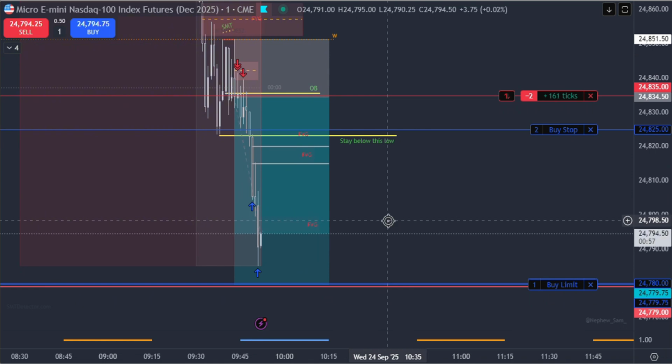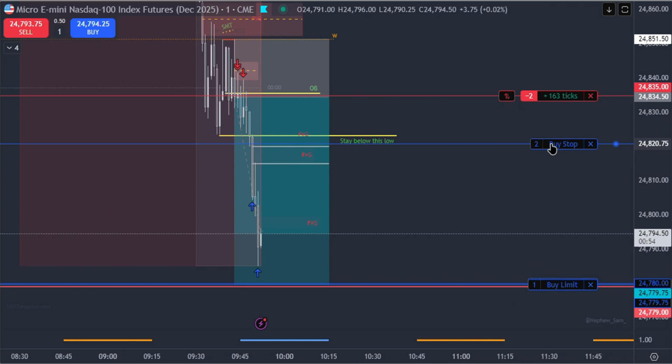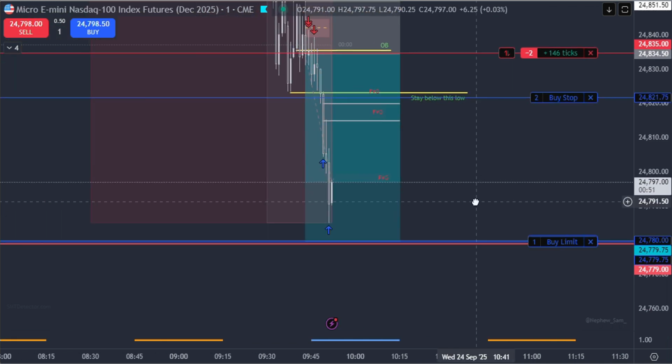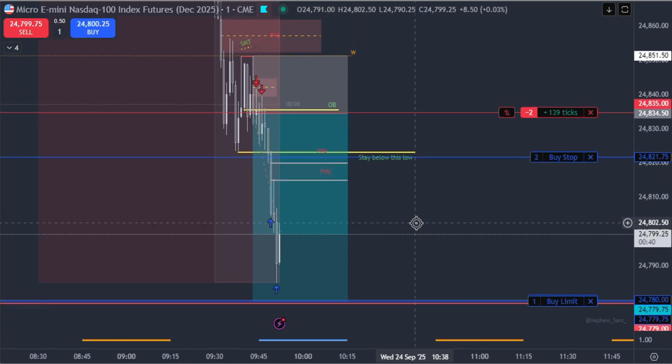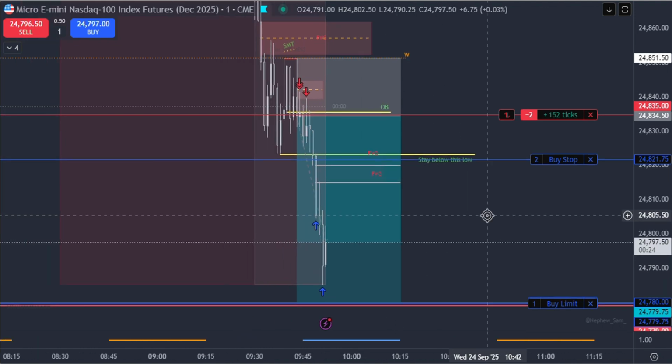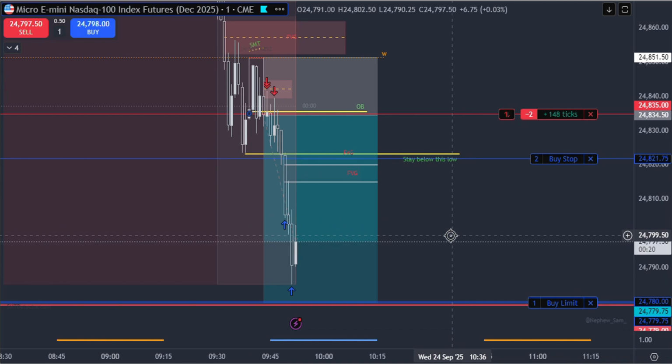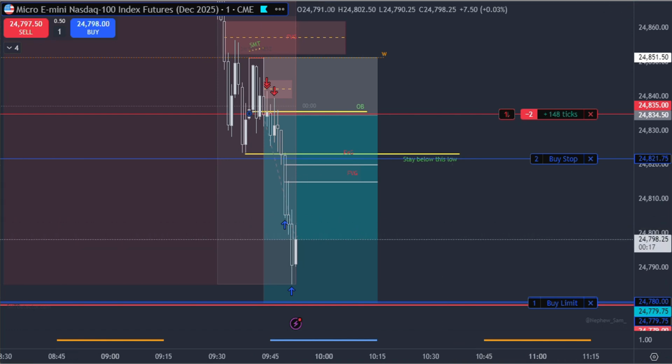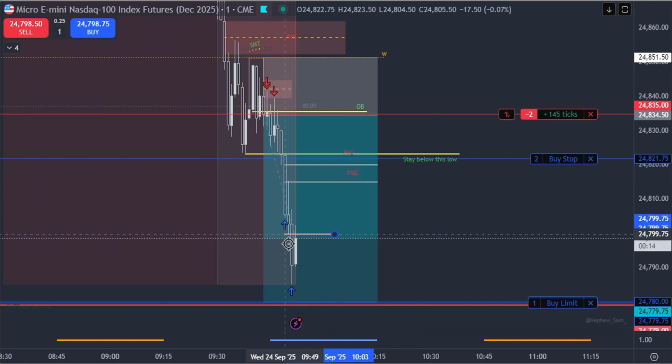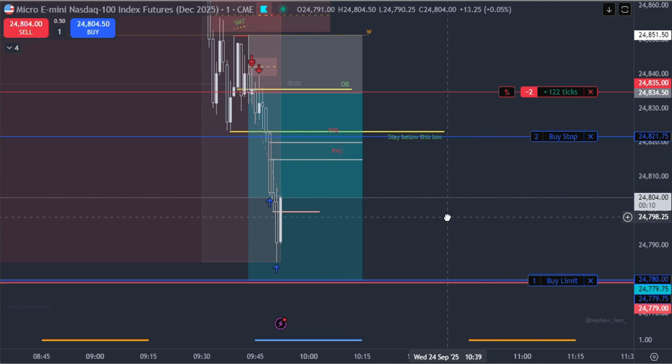So see, we use this wick here to keep it going lower.